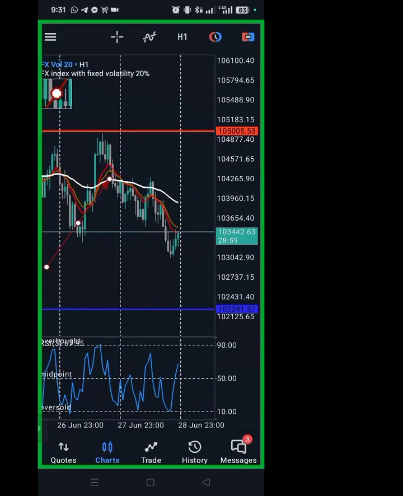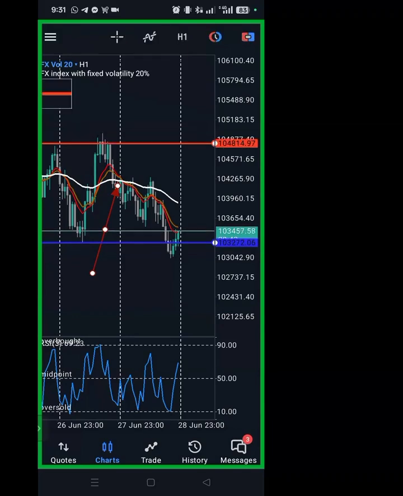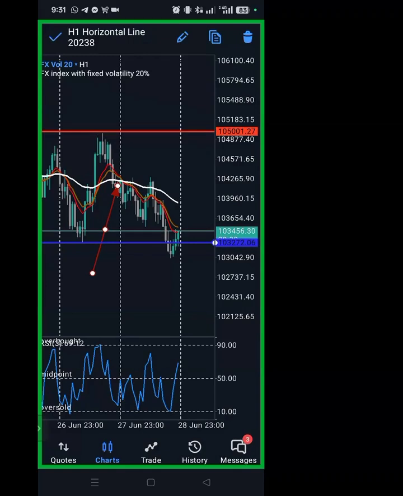So instead of compressing your chart and making it a bit difficult for yourself, when I do this, I just want to get yesterday's low this way and yesterday's high this way, right? When I do this, make sure always that the horizontal line, this is my support, this is my resistance, is not highlighted.